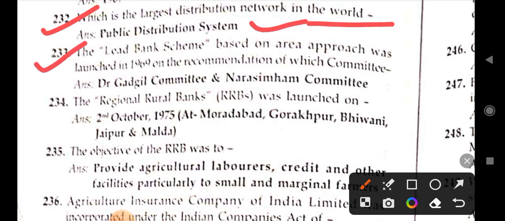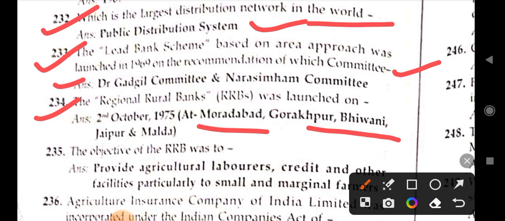The lead bank scheme based on area approach was launched in 1969 on the recommendation of which committee? Dr. Gadgil Committee and Narasimham Committee. The Regional Rural Bank (RRB) was launched on 2nd October 1975 at Moradabad, Gorakhpur and Bhiwani, Jaipur and Malda.